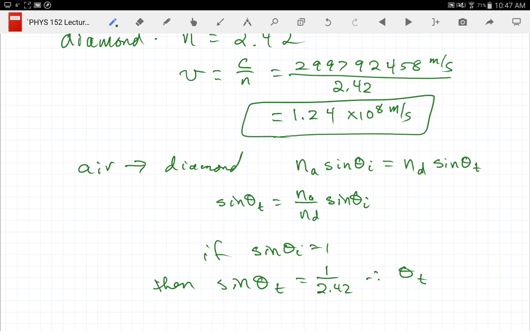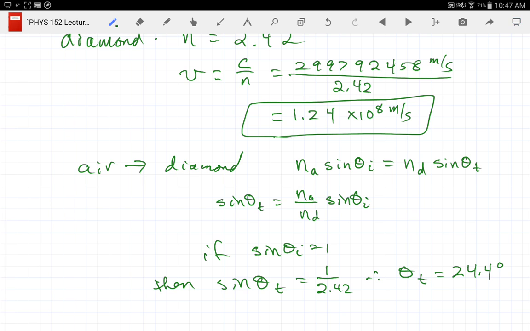It equals 24.4 degrees. So if you have light going from air into diamond, the farthest away from the normal it can be is 24.4 degrees. And that would be if you were coming parallel to the surface. If you're coming more into it, it's going to be even closer to the normal.